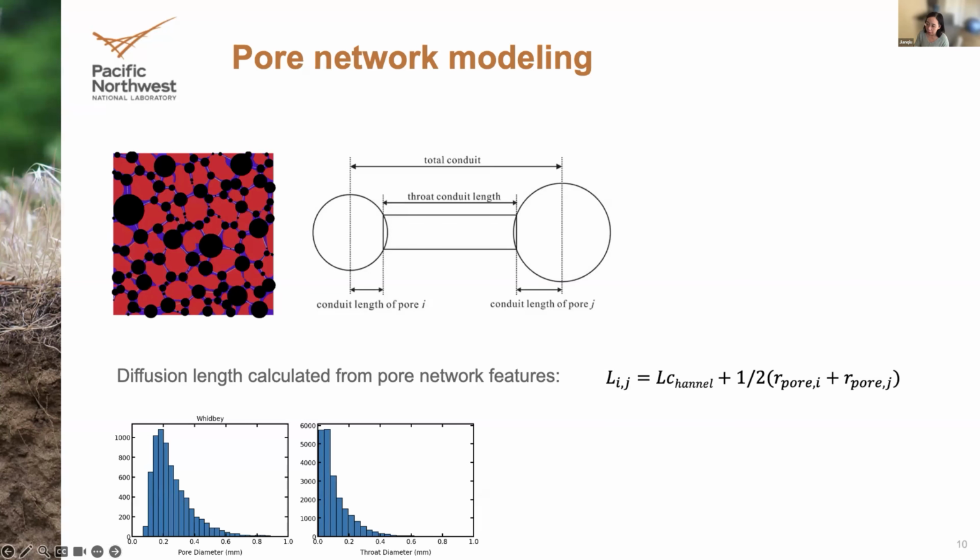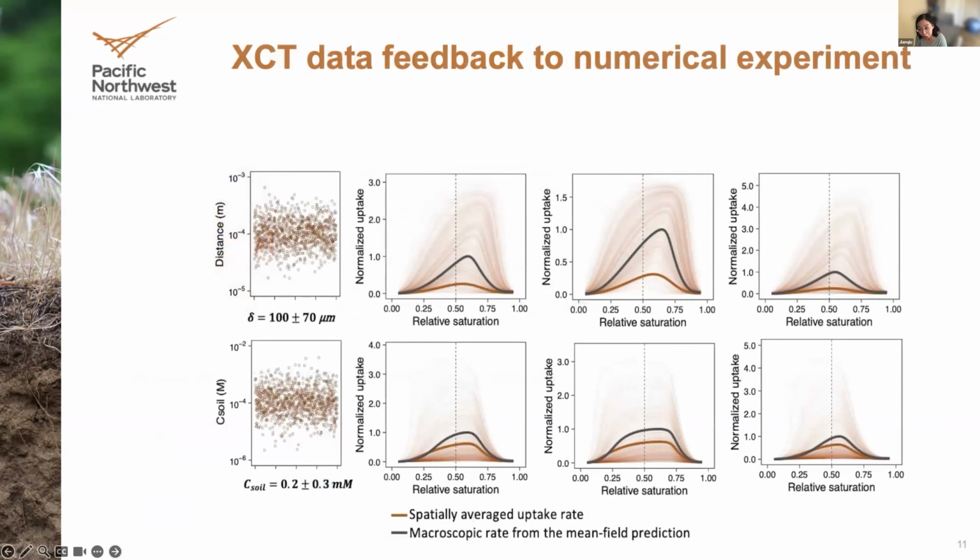So we can actually start to calculate the diffusion lengths based on the pore network features, and plot out the distributions of those diffusion lengths. Eventually, we use this information to feed back to the theoretical model, where we can recreate that distribution of diffusion lengths in this numerical experiment and think about what it means for soil respiration and for different soils.